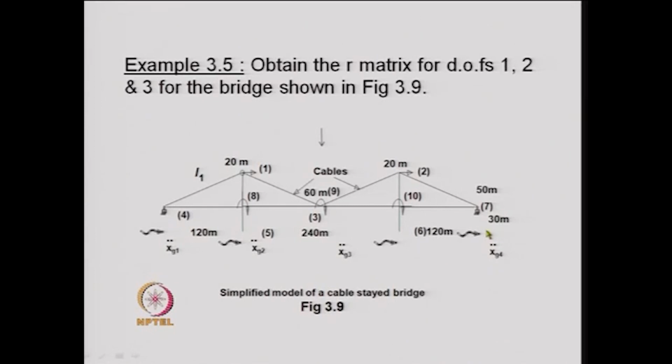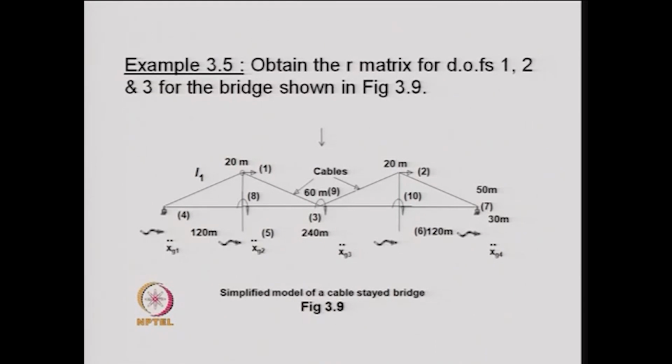So, we have in all 4 plus 3, 7 translational degrees of freedom. Out of them 4 degrees of freedom are at the supports, 3 degrees of freedom are the non-support degrees of freedom, that is the translational degrees of freedom 1, 2 and 3, and the rotations are 8, 9, 10.